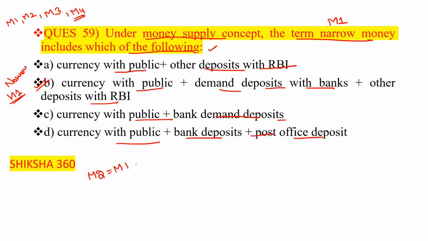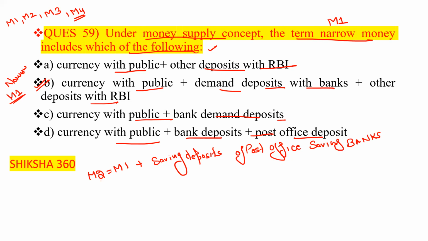Now we have to discuss M2. M2 is M1 plus saving deposits of post office saving banks. Third one is M3. M3 is equal to M1 plus time deposits with the banking system.